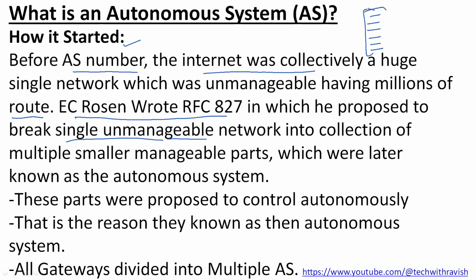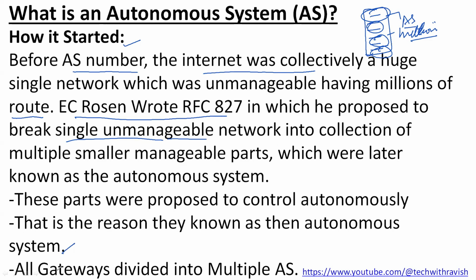So the global table, having millions of IPs, was divided into smaller segments, and those segments were known as autonomous system numbers. These parts were proposed to be controlled autonomously. That is why they are known as autonomous systems.